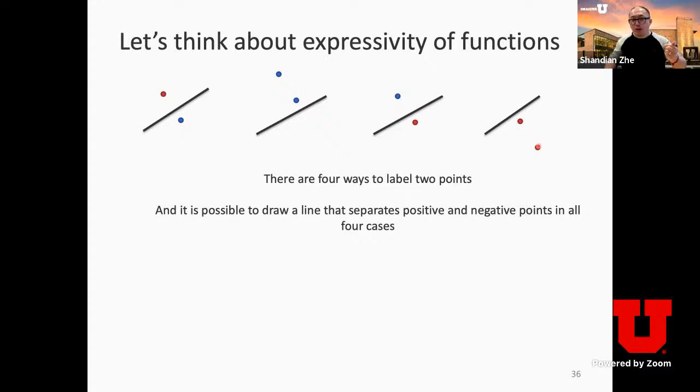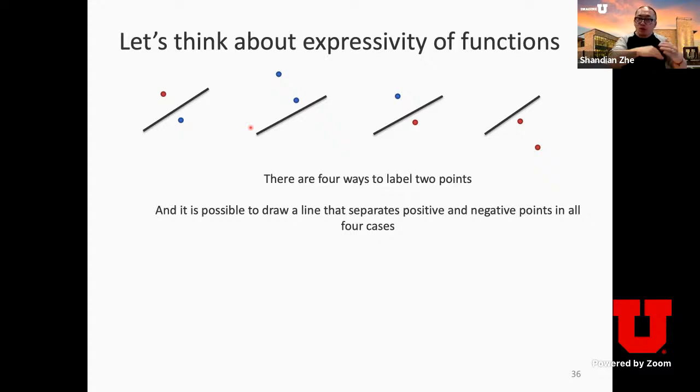And we find that if we use a linear classifier, for all 4 possible labeling schemes, we can find a linear classifier, or a line, which will separate positive and negative examples, meaning that in all 4 labeling schemes, our classifier can give us 100% prediction accuracy.